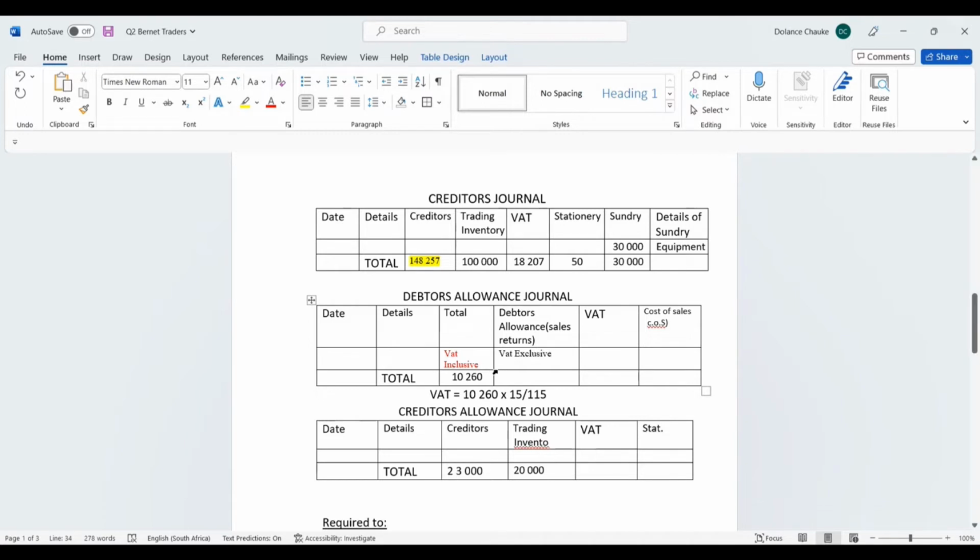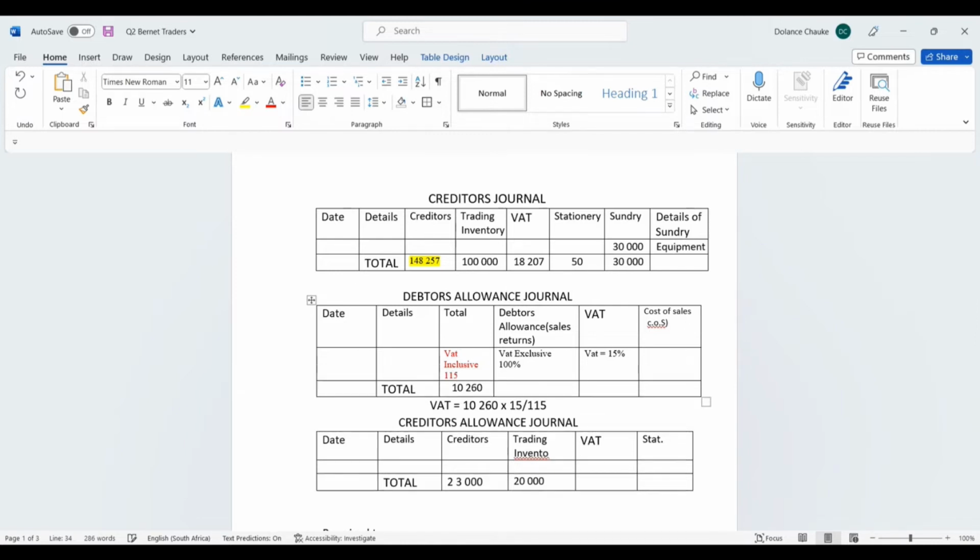Remember, VAT itself is equal to 15%. VAT exclusive is equal to 100%. And VAT inclusive is VAT plus VAT exclusive, so it's going to be equal to 115%.